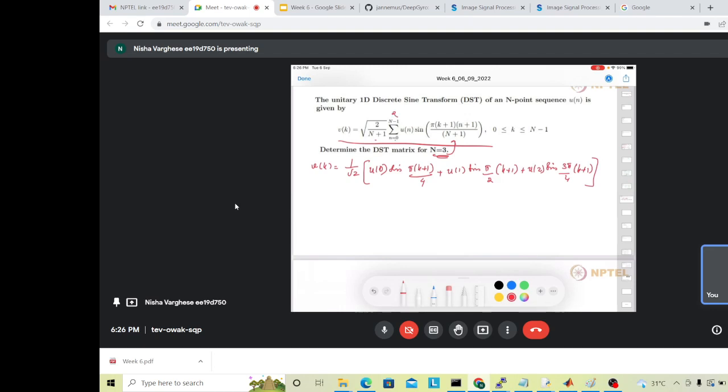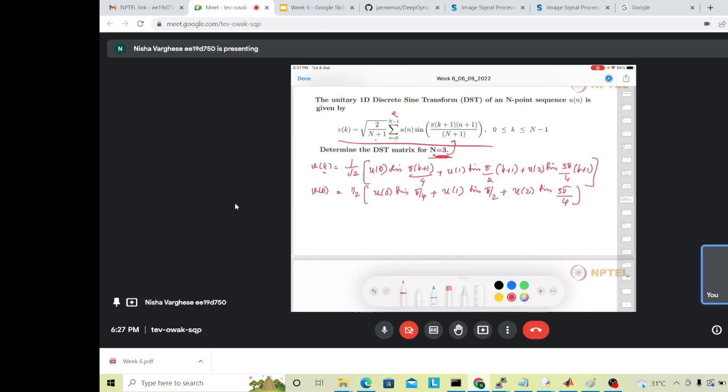Then find V of 0. Okay, V of 0, just substitute k here. So you'll get 1 by root 2, U of 0 sine pi by 4, U of 1 sine pi by 2, U of 2 sine 3 pi by 4. So first we substitute n here and expand the summation, then substitute k.